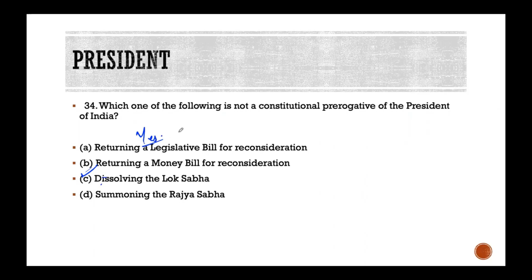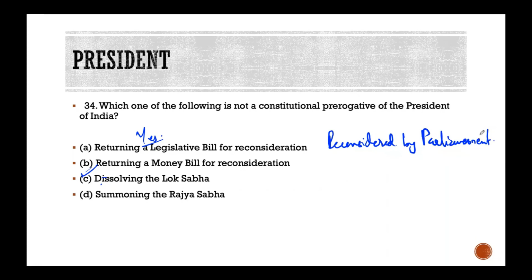Yes, that option is always there. And if that bill is sent back to the President, what are the options the President has? He has to give his assent, or withhold his assent. Reconsidered by Parliament, with a simple majority, the same sort of majority.